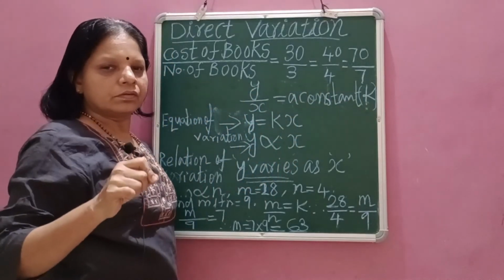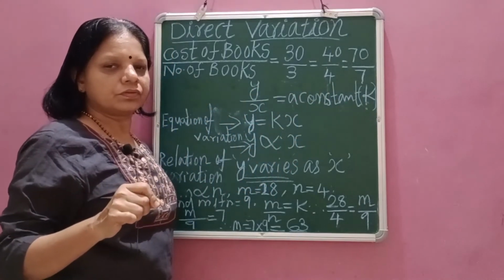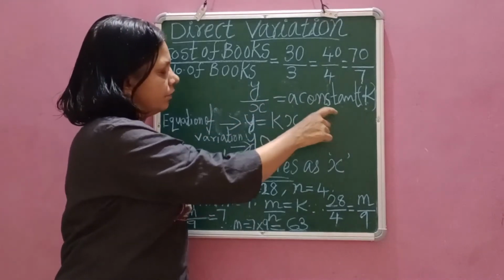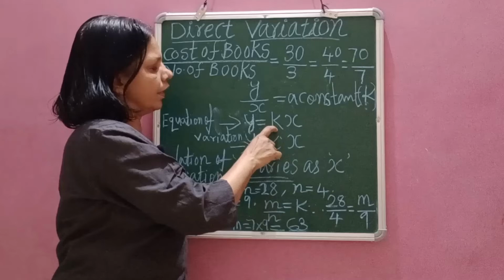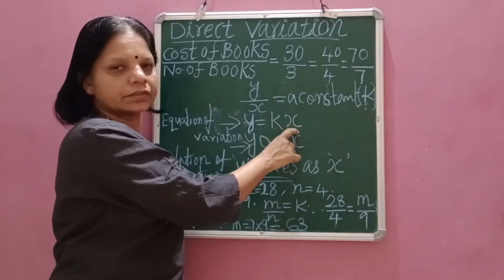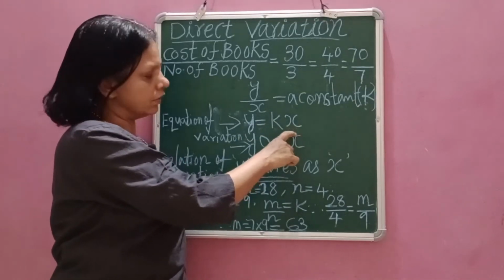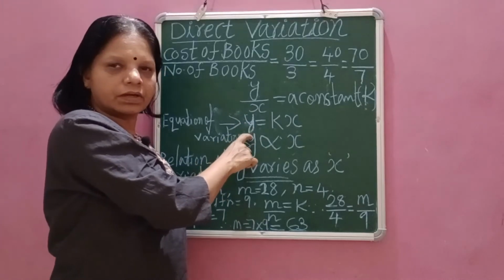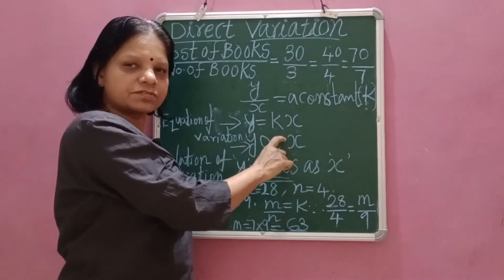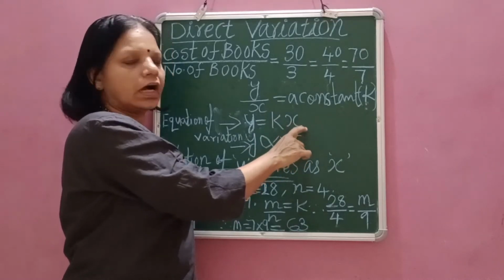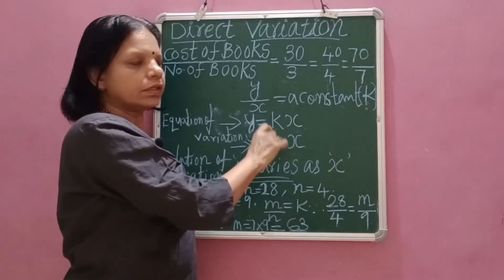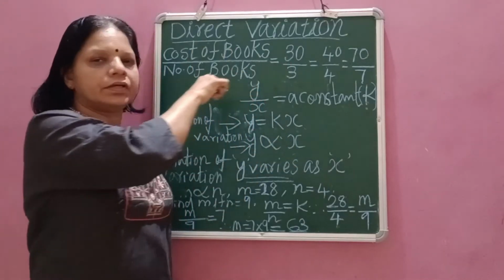So by the property of equality, if y upon x is equal to k, then y equal to k into x. When x goes to RHS, it becomes multiplication. So y, one quantity, will be equal to a constant multiplied by the other quantity. That is the equation in the case of direct variation.